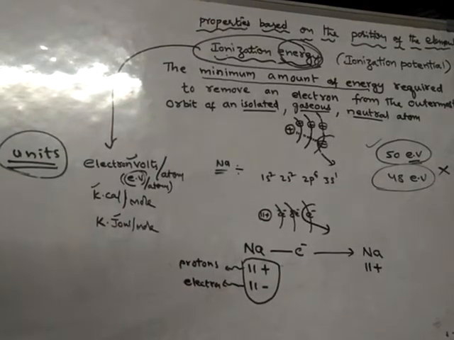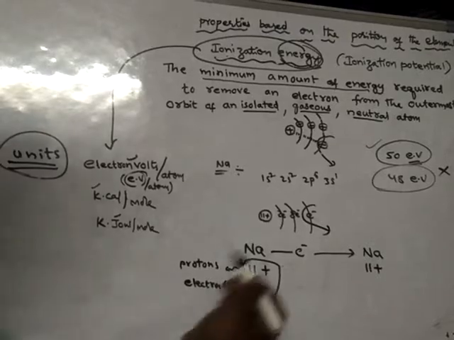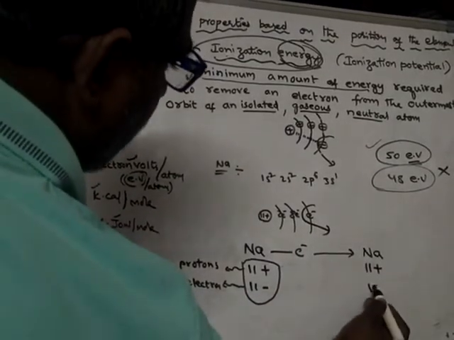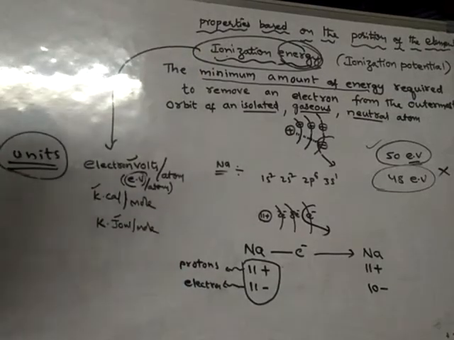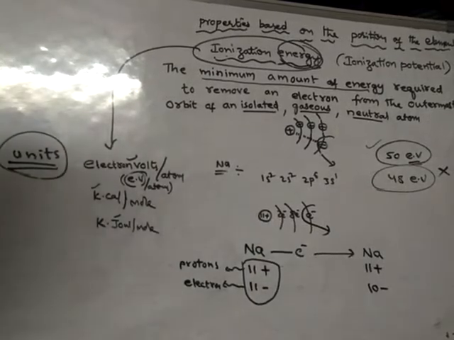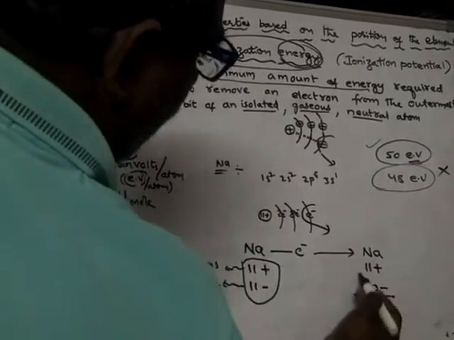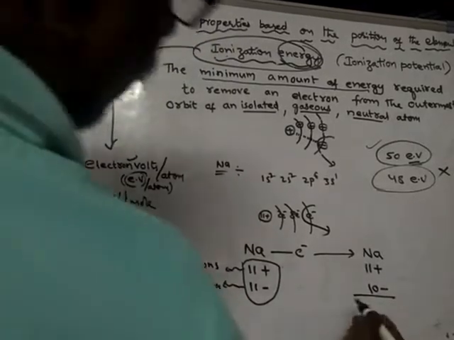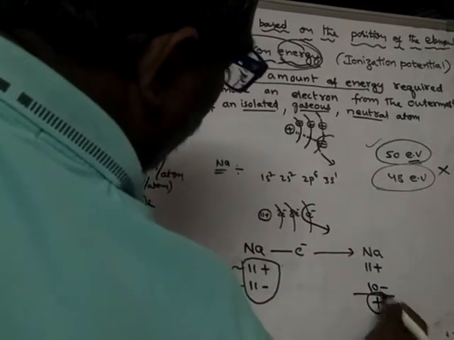I am not taking out any proton. Simply I have taken out only one electron. So the number of electrons has decreased to 10. Initially 11 electrons were there, but after removal of one electron, only 10 electrons are there. Now, what is the overall charge? 11 positive charges and 10 negative charges. So there will be overall 1 unit of positive charge.